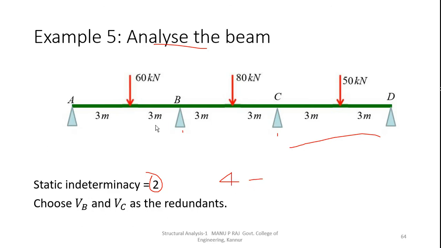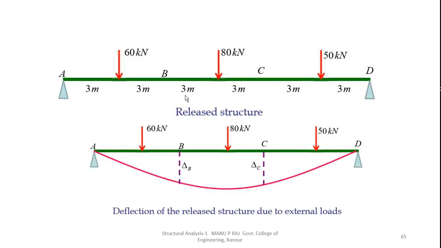Here only vertical loads are acting, so we are neglecting the horizontal equilibrium equation. So 4 minus 2 equilibrium equations; static indeterminacy is 2. We can choose VB and VC as the redundants. Now draw the released structure, that is, the structure without VB and VC.